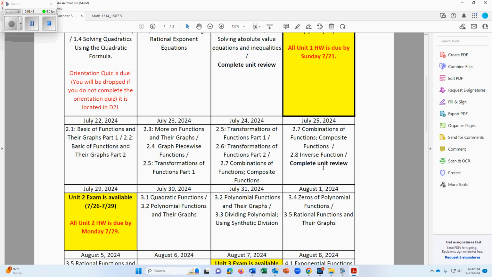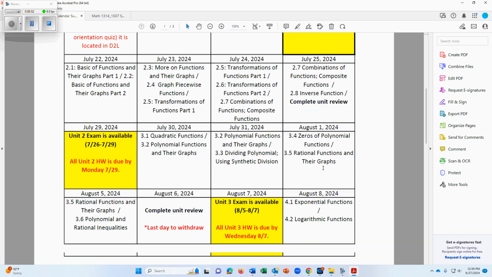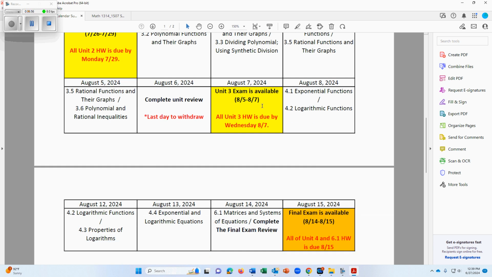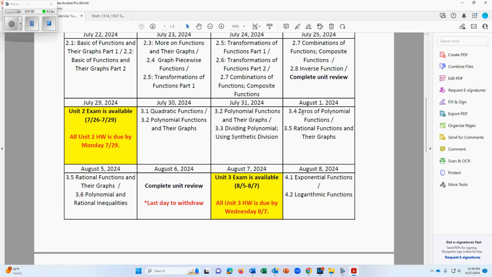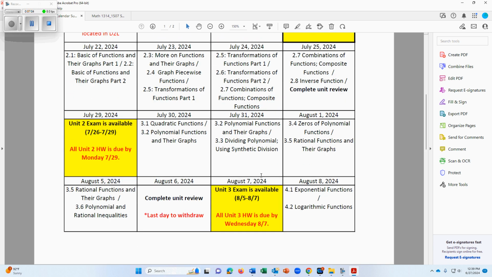So I'm not going to read through all this, but you can kind of see what's going on here. We actually have 4 units, but you're only going to have 3 regular exams and 1 final exam. So we have a unit 1 exam, a unit 2 exam, a unit 3 exam.